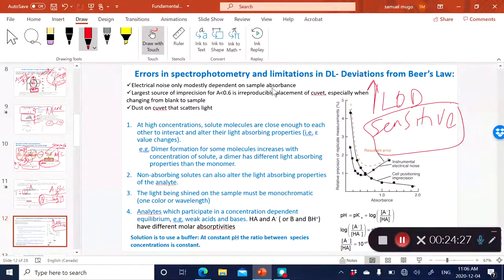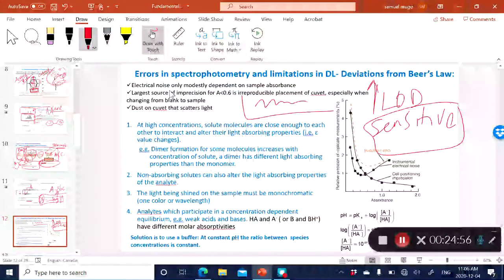That's one big problem, especially because you're using a detector, and a detector is a transducer. And because you're using light, light can pass through to the detector without necessarily going through the sample. Because of that, you always tend to get a bit of noise, even when you're not analyzing anything. That's what you refer to as electrical noise, okay? And that's often from stray light hitting the detector.